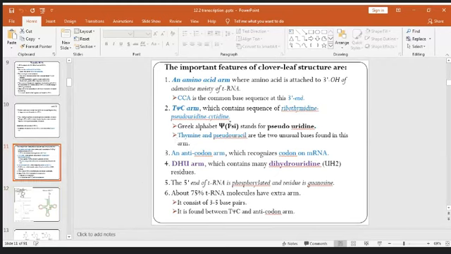As I told you, from the Greek word psi it indicates pseudouridine. Ribothymidine and pseudouridine are the two unusual bases found in the arm. Ribothymidine is actually usual, while pseudouridine is one of the unusual bases.